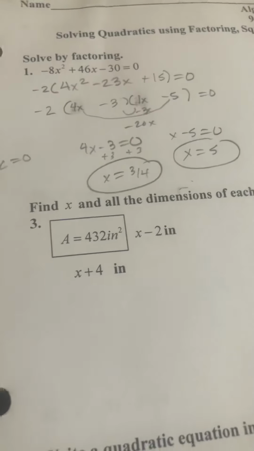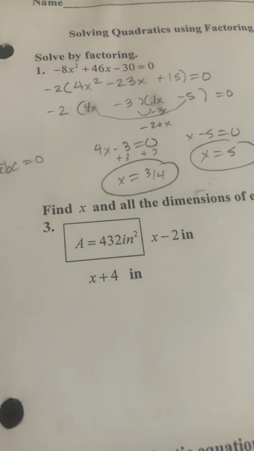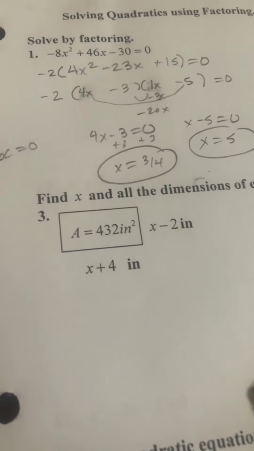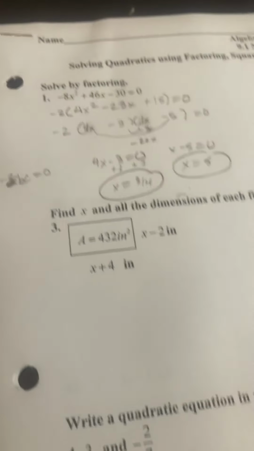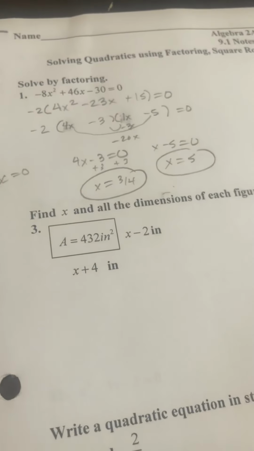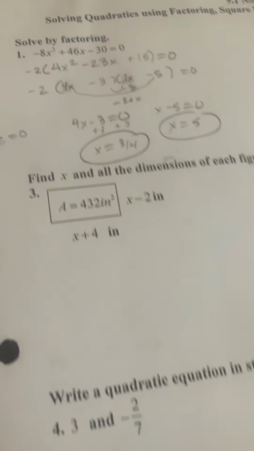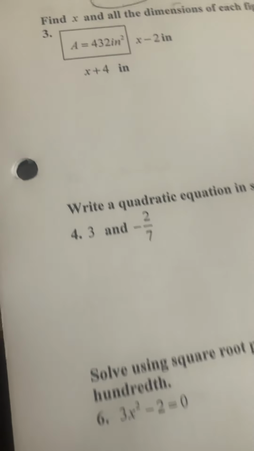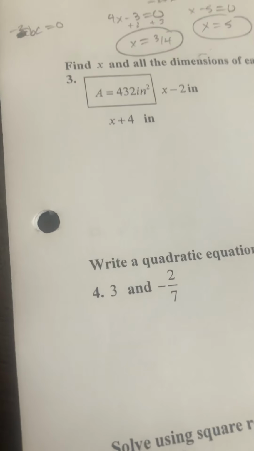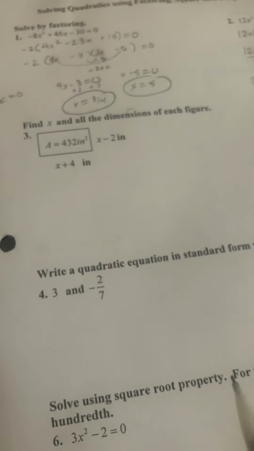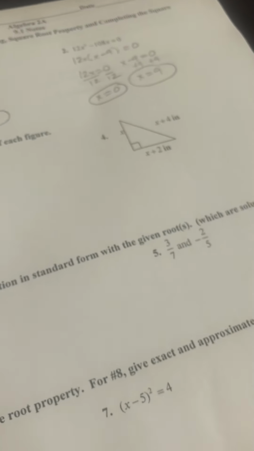All right. I'm pretty sure that I took these 2 off of your assignments off of your My Math Lab. So we're going to skip those. And we're going to go to number 4 and 5. This is write a quadratic equation in standard form with the given roots.